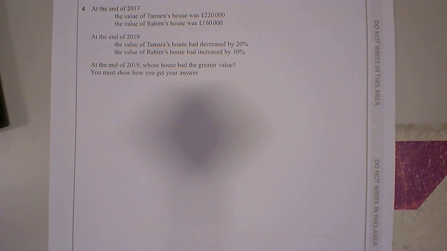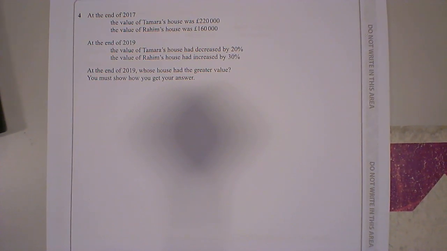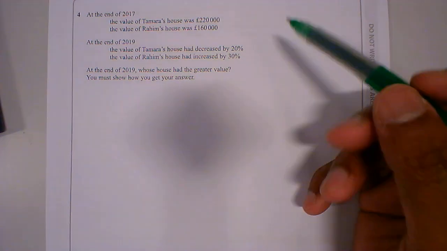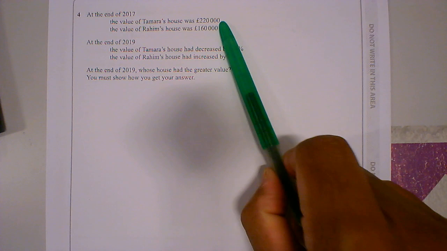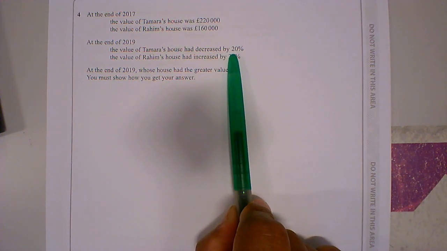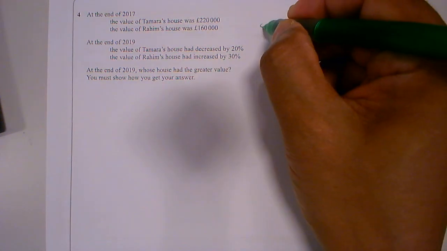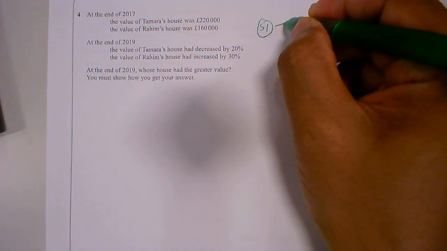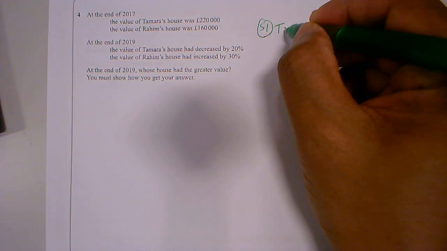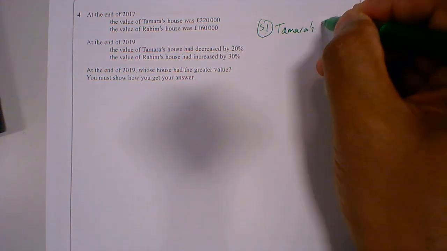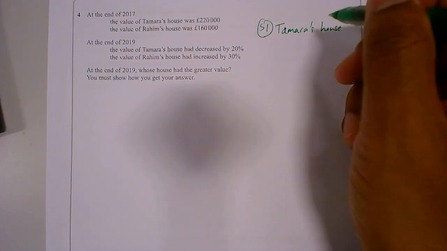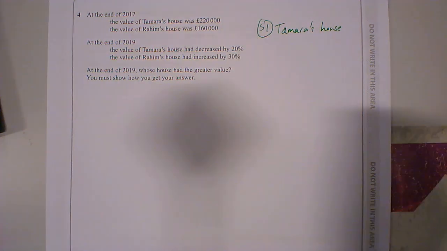So how do we do this question? Let's take it in steps. I've got information about Tamara's house, and then it decreases by a percentage. So step 1 is to find out Tamara's house, which had decreased in percentage.